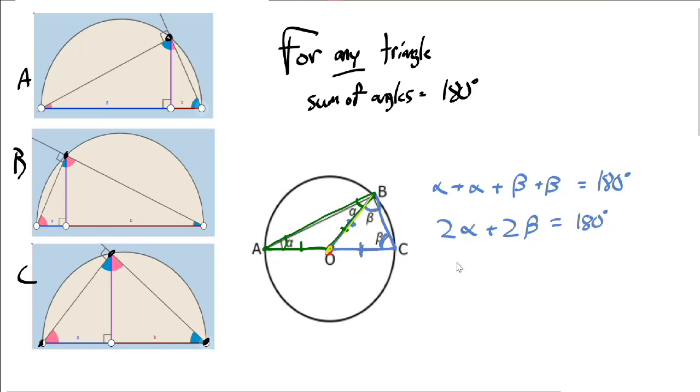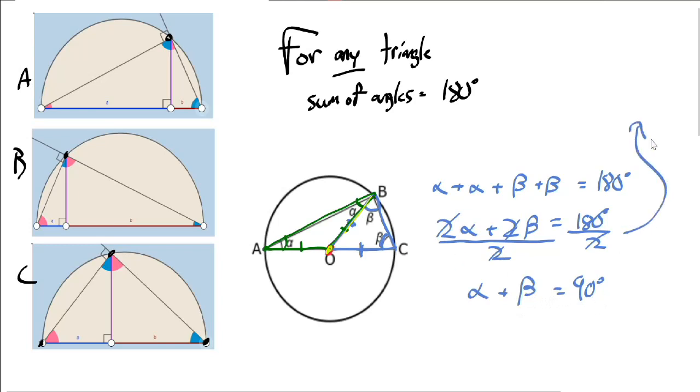If I were to divide both of these by 2, because there's a common factor I could pull out, the 2's will cancel, and the 180 divided by 2 will be 90. So we just get 1 of these alphas and 1 of these betas together equals 90.